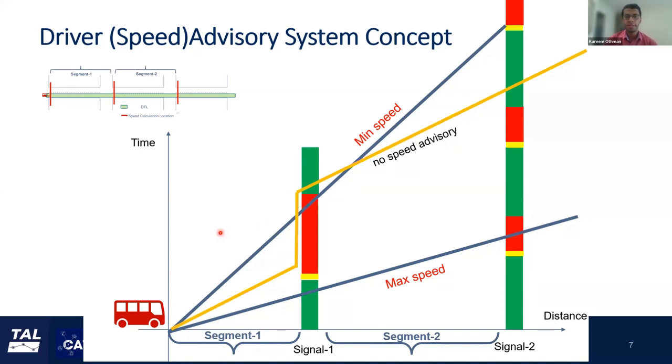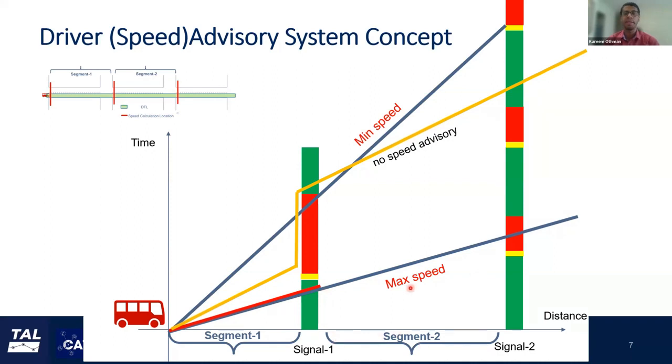But if we use the driver advisory system, we evaluate the bus arrival time at the intersection if the bus is traveling at the maximum speed. If the bus is arriving at the green phase, we advise the bus driver to travel at this maximum speed, and this is what's happening in segment 1. When the bus clears signal 1, it enters segment 2.